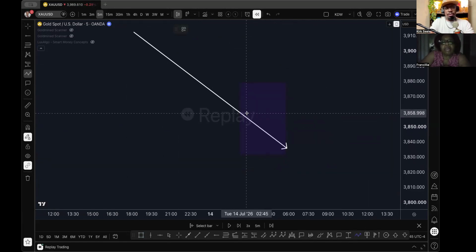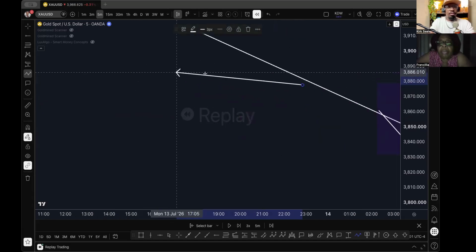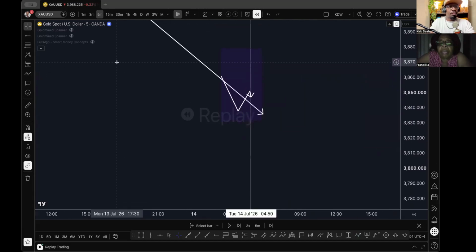So we're going to see on the 30 minute, okay, can we see what the trend is? If overall the trend looks like this, all right, so we went down, we pulled up, and we're somewhere around here.